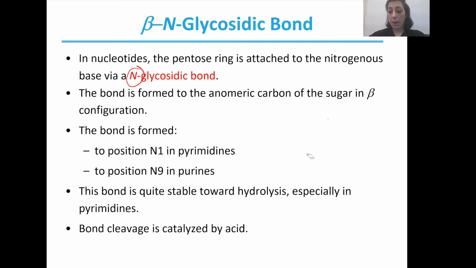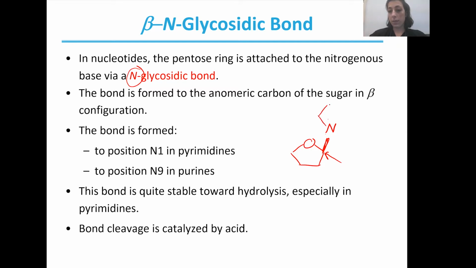For our nucleotides, our sugar uses its anomeric carbon right here, but it forms a bond to the nitrogen on our nitrogenous base.